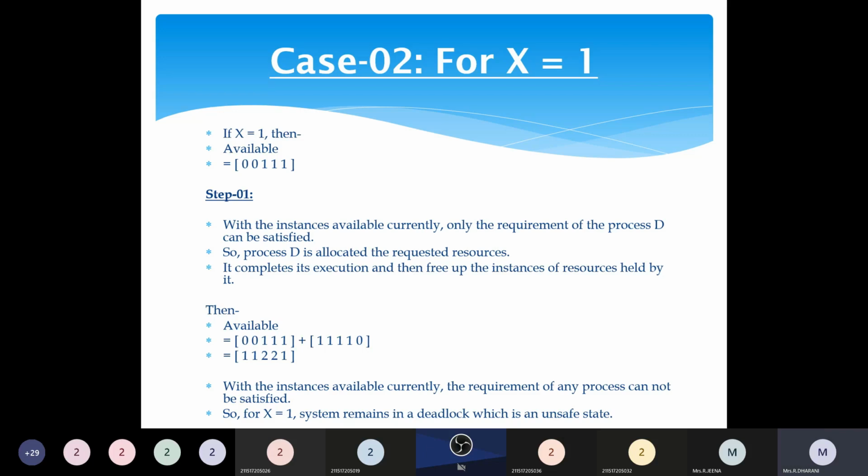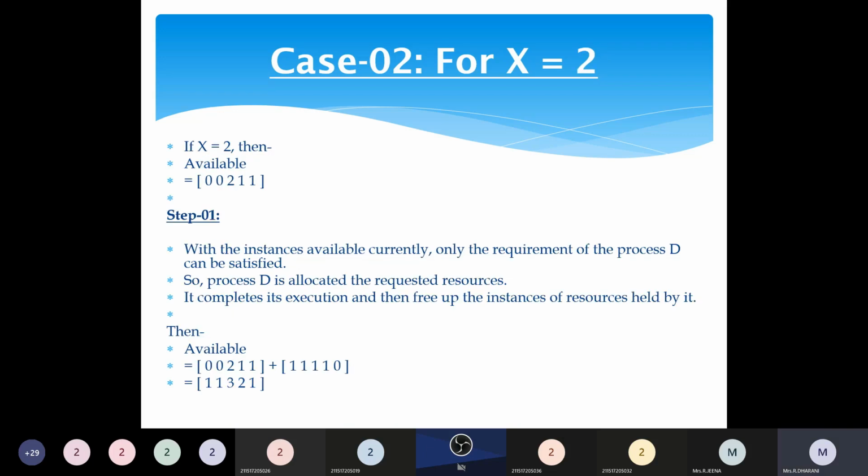What will be the availability? The current availability is 0, 0, 1, 1, 1, and already allocated is 1, 1, 1, 1, 0. When you add it, you will get the availability 1, 1, 2, 2, 1. With the instances available currently, the requirement of any process cannot be satisfied. So for X equal to 1, the system remains in deadlock, which is an unsafe state.